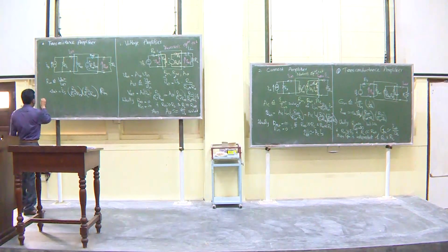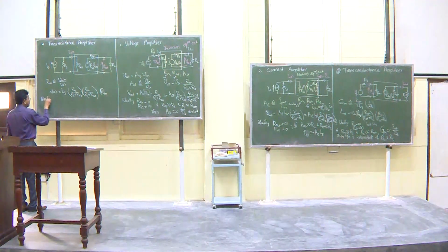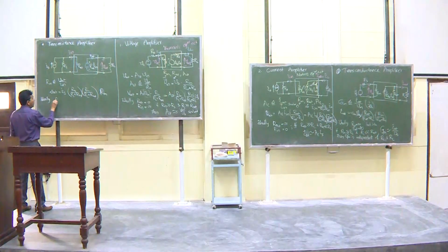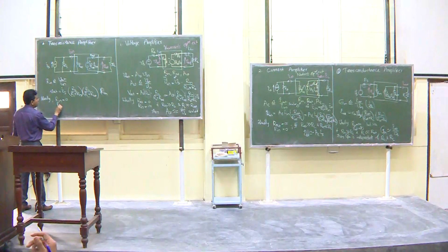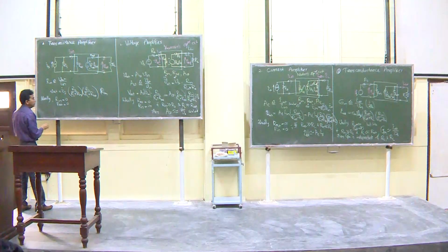So ideally R in has to be 0, R out has to be 0.